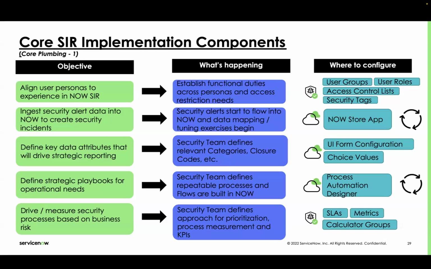So, for example, how do we categorize security incidents? That's going to be super relevant when it comes time to reporting. That's really relevant to when we start defining our playbooks, right? We want to separate phishing from malware, from ransomware. Start thinking about when we close security incidents, what are those values we should be focusing on?